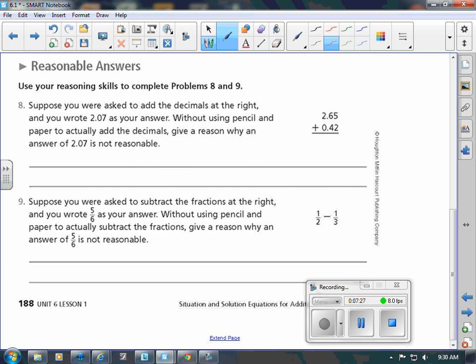Okay, it's going to produce an answer that's less, right? If I take a half and I take away 1/3 of a half, I'm going to get a smaller number than the half. Well, 5/6 is more than half, right? Because 3/6 would be half of that fraction. So it's not a reasonable answer. It's not smaller than half. Okay, we'll see you guys in class to practice some of these situation and solution equations.